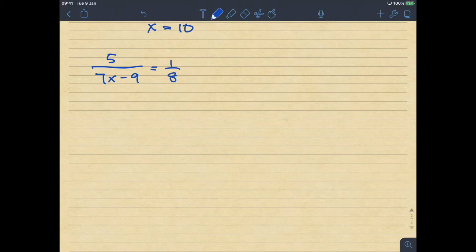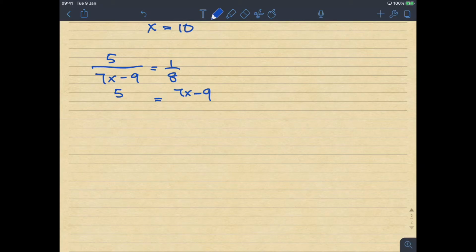At first sight, that does look a bit horrid. In fact, if we apply the same trick as we did, on the left hand side is now divided by 7x minus 9. So to move it to the right hand side, we have 7x minus 9 because it's times at the top.